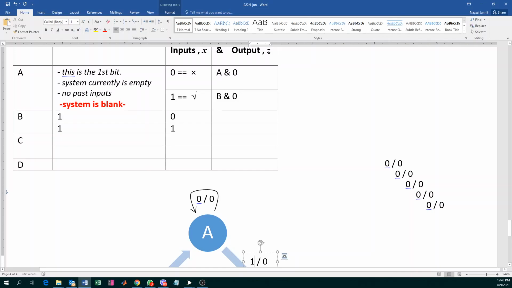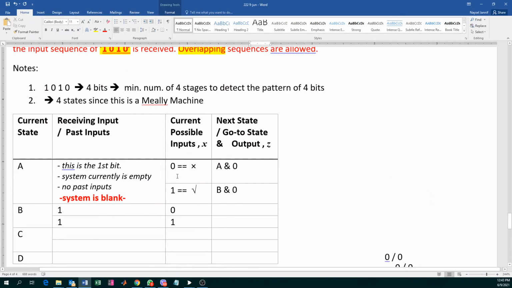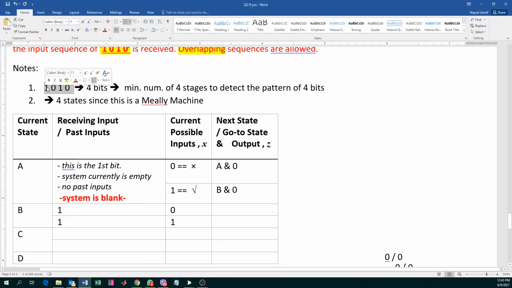Why is your output 0? Well, simply because you have only received 1 bit. There is only 1 bit currently in your bag, but you need to have a total of 4 bits, and they've got to be in this particular sequence, 1 0 1 0.